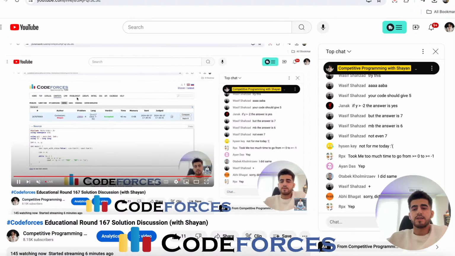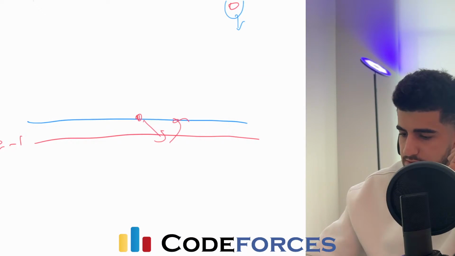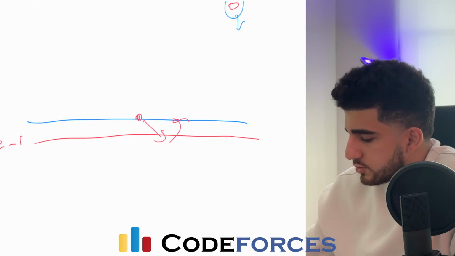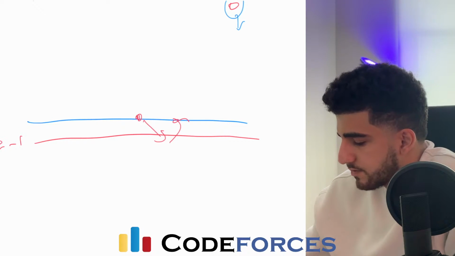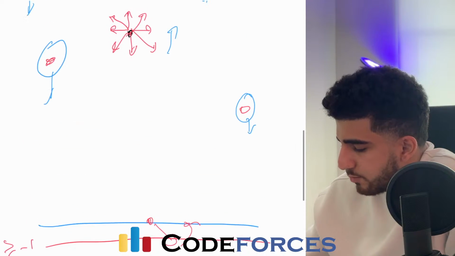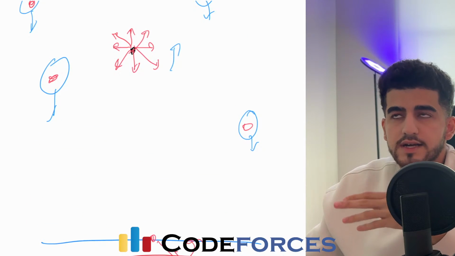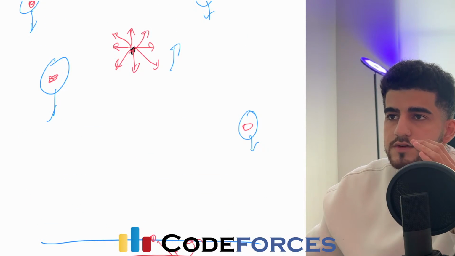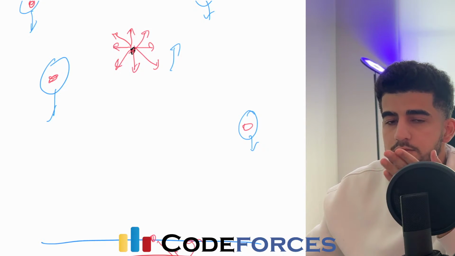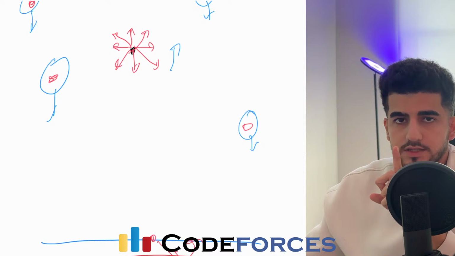Okay, I'll explain it again. If you didn't understand, I'll explain it again. Instead of saying that Monocarp doesn't move and afterwards all the coins will fall down, assume that Monocarp himself will go upward.